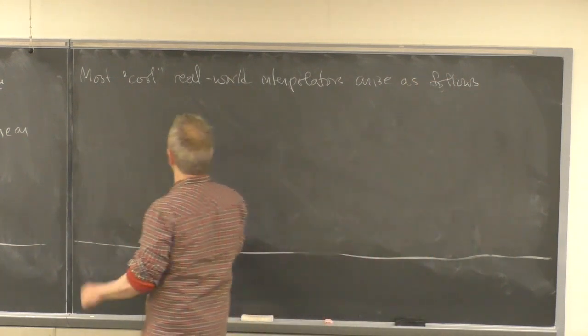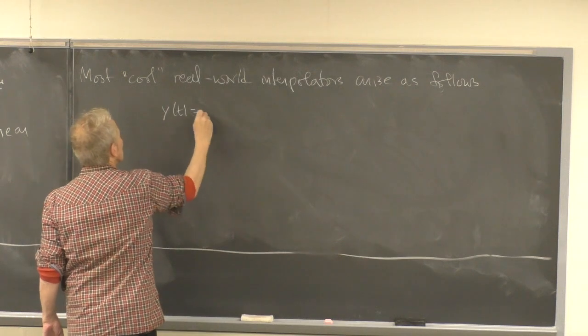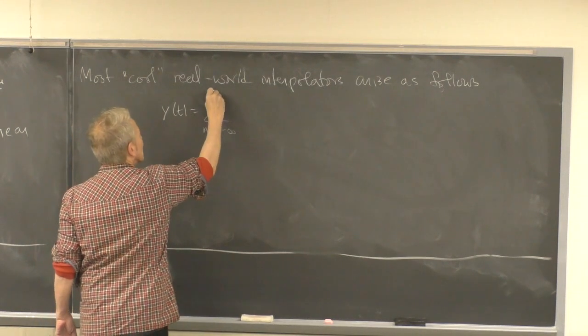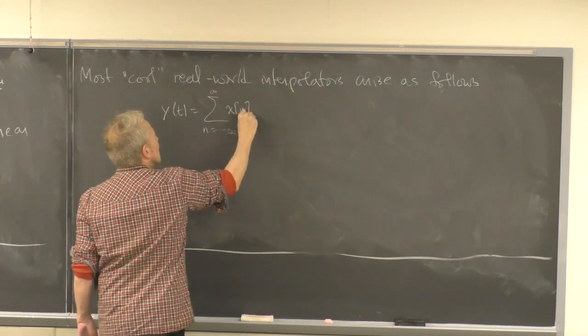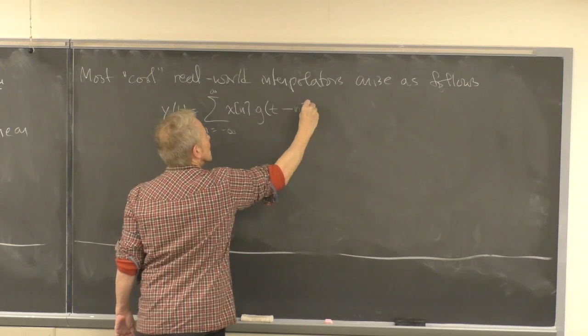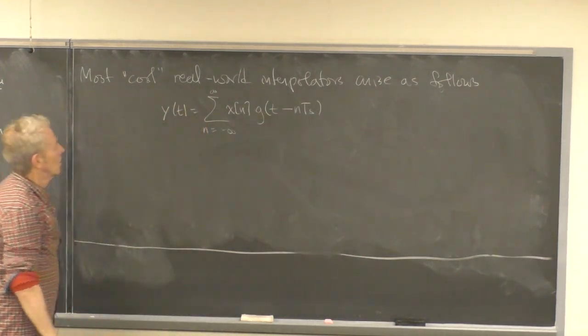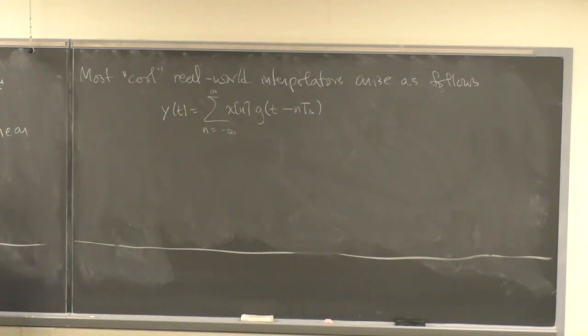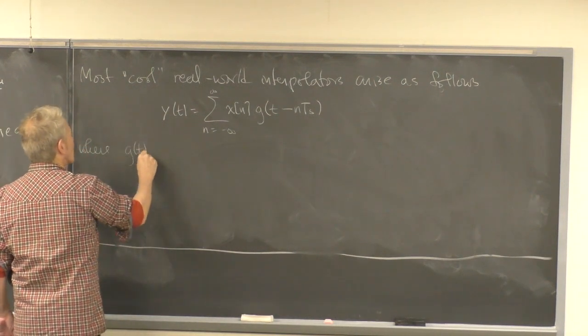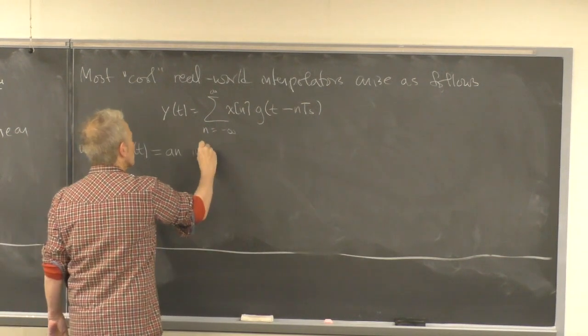Your y of t is going to be the sum from n equals minus infinity to infinity of x of n times something I'm going to call g of t minus n Ts, where g of t is what we call an interpolation function.